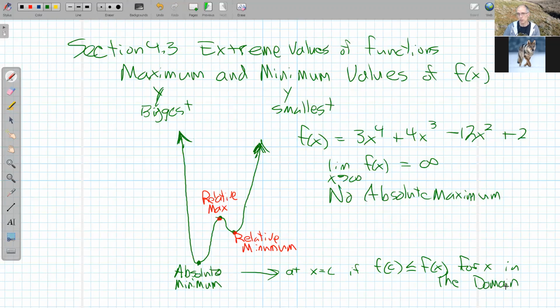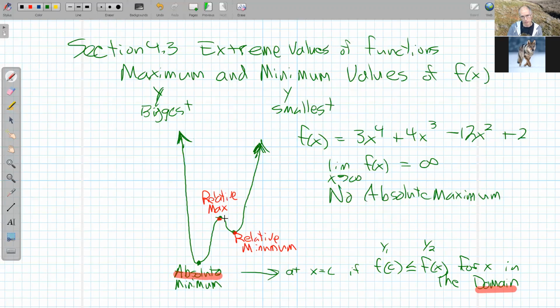The domain of this function is all real numbers. So for any other x value in existence, when we plug that x value in and find the y value, we're going to find that f of c is always smaller than every other y value, no matter which x value you pick. So the idea here is an absolute is over the whole domain of the function. Now, a relative is a little bit different.